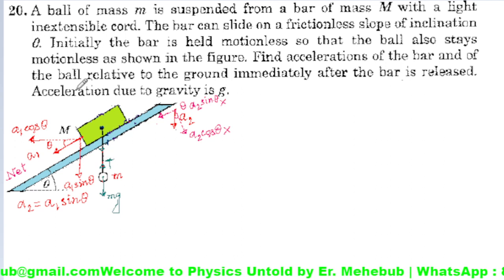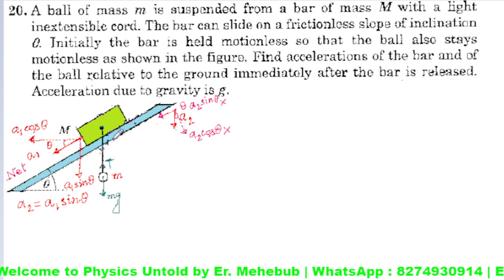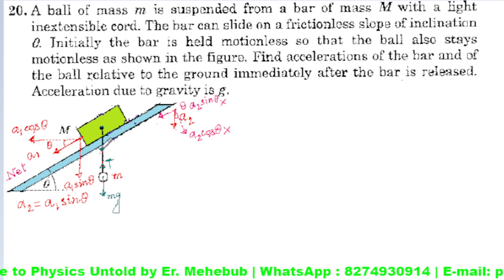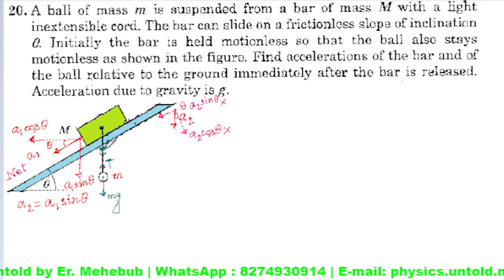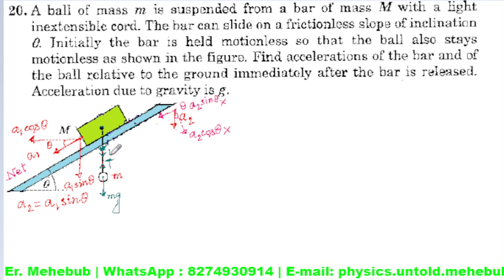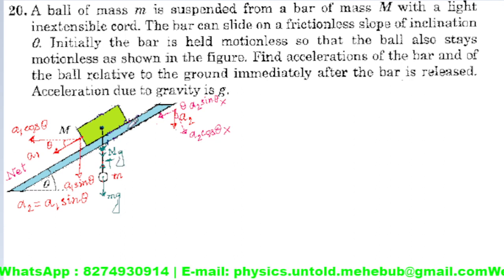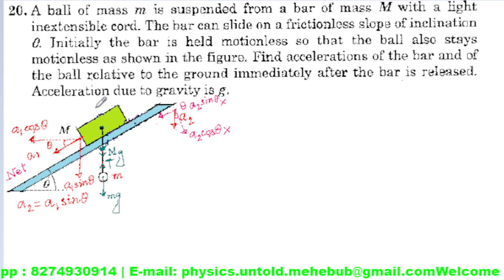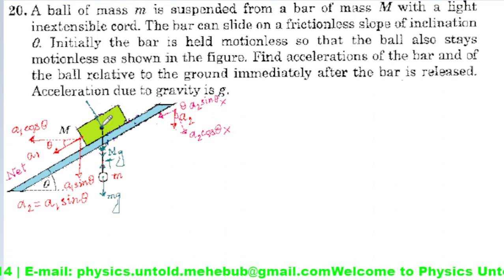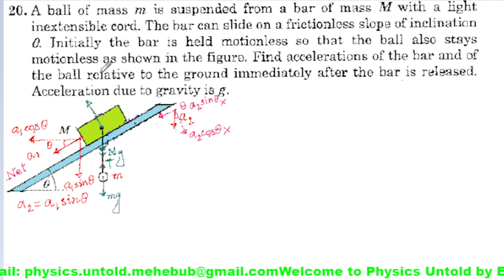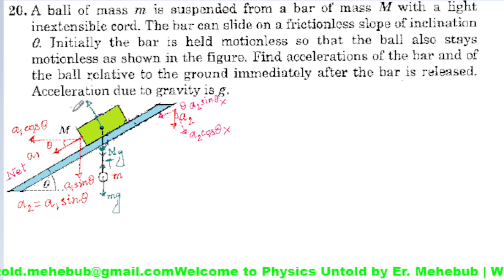There is also a normal reaction of the mass capital M. This normal reaction must be in the perpendicular direction of the inclined plane. This normal reaction is equal to N.